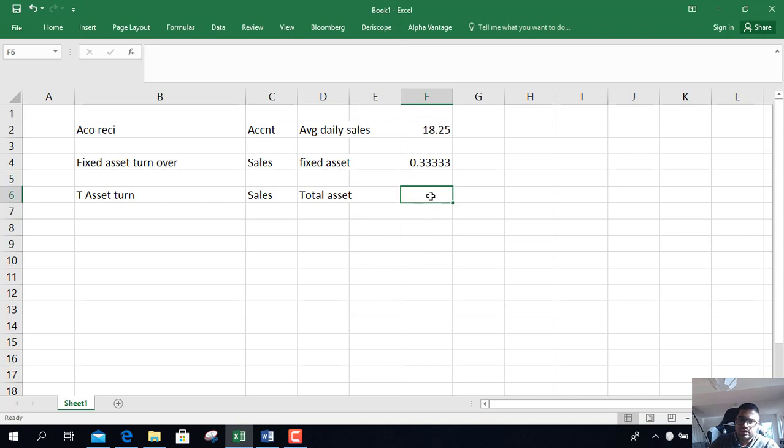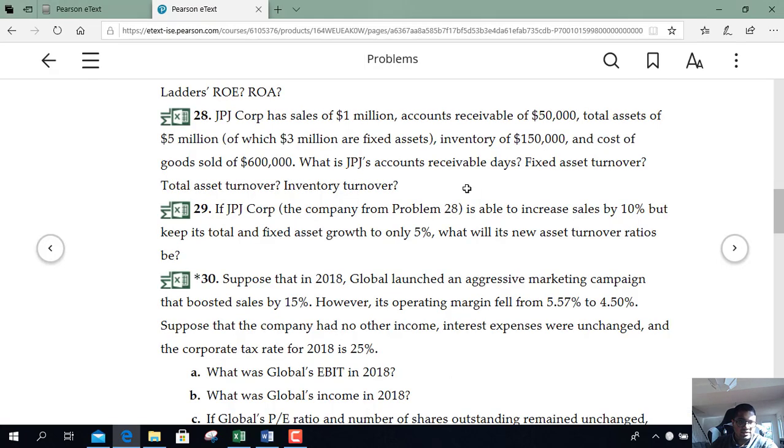Fixed asset turnover is 0.33. So for every fixed asset of $1, it is converting it to sales of $0.33. Total asset turnover: 1 million sales divided by 5 million of total assets. So it is 0.2. So 20 cents of sales are generated for $1 of assets.